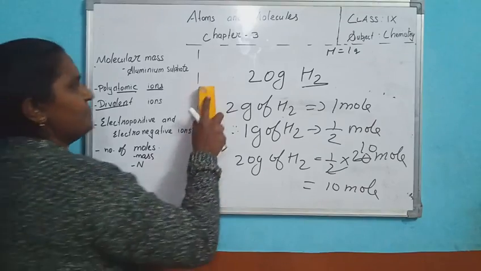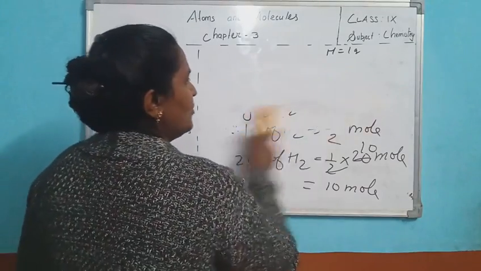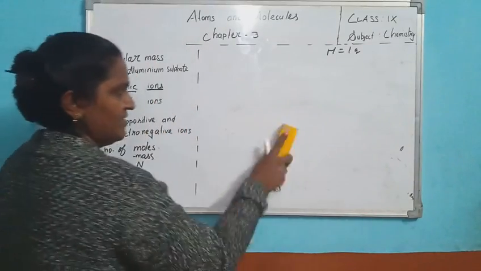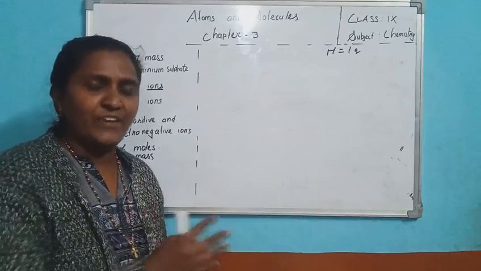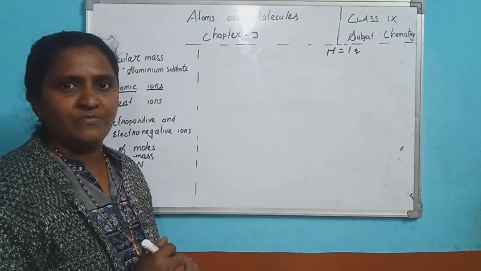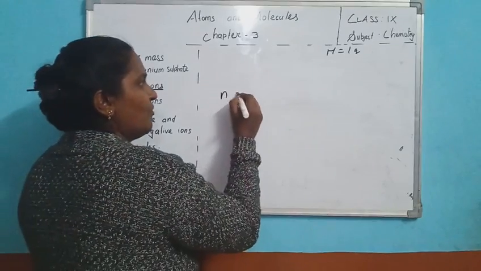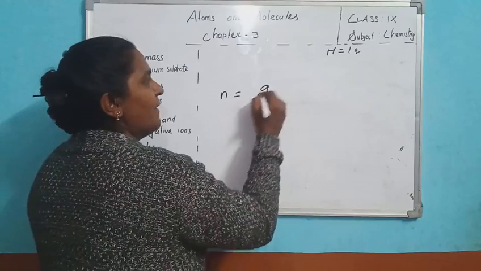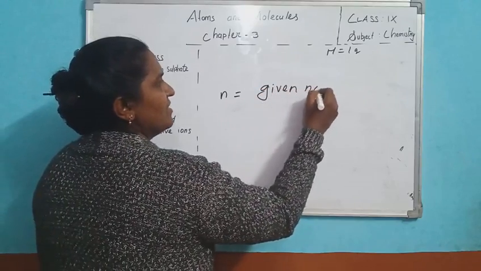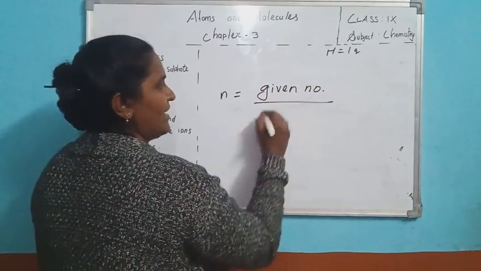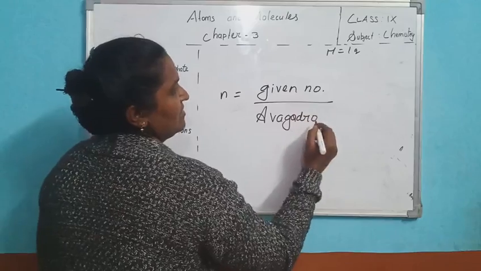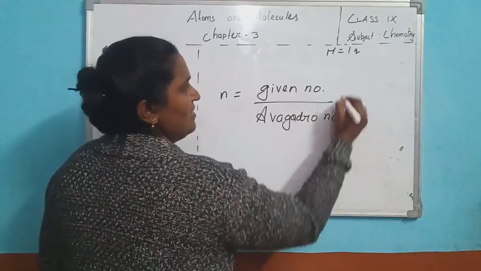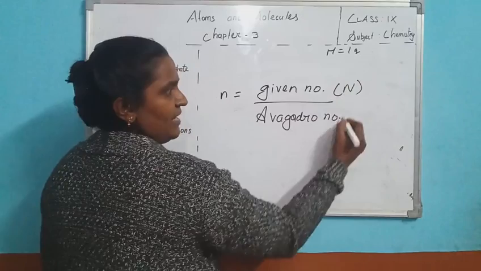Next one is, suppose you are provided with number. This many number of hydrogen you are having. How do you find out the number of mole? So number of mole equals given number by Avogadro number. This is denoted by capital N, this is N naught.